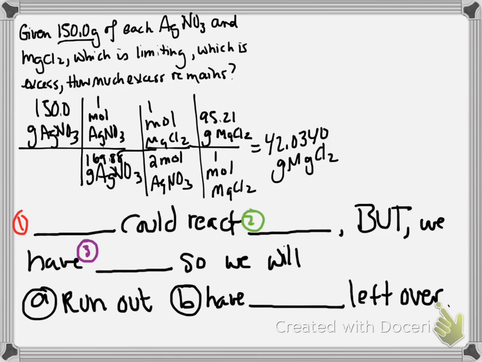Okay, this is real simple and formulaic. That first space is whatever you started your factor label with. So in this case, it's going to be 150 grams of silver nitrate. And I'm being sloppy about my sig figs as I write it in because I'm running out of room up here.